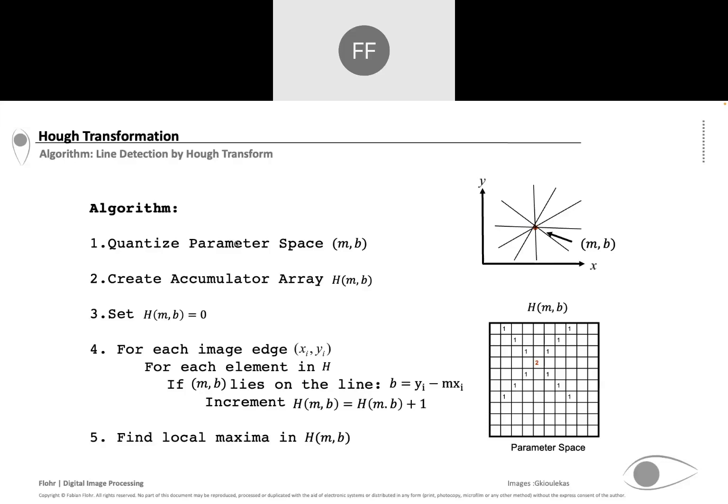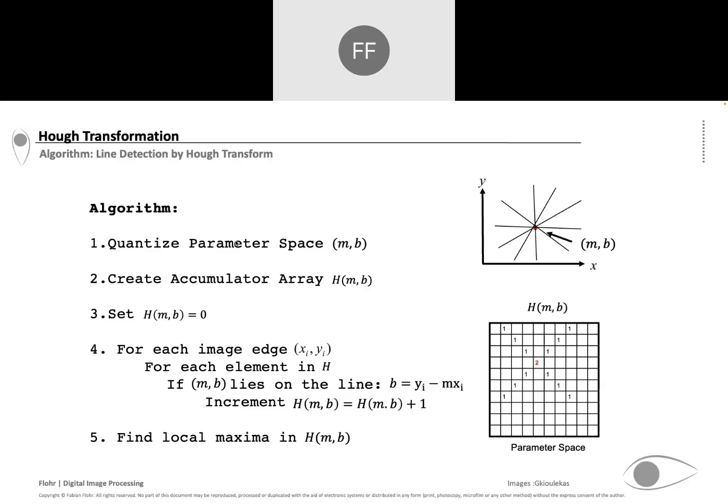And we create an accumulator array. An accumulator array takes this quantized parameter space and counts how many votes you have at this particular region. So having these two lines crossing here from two feature points in the image space, we have two votes where the two lines intersect, and only one vote where there's only one line, right?